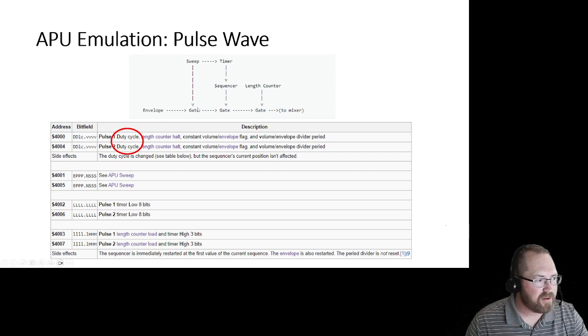The interesting bit in terms of how to implement this within the 2GS is the duty cycle parameter. The square wave channel has 4 different duty cycles at 1/8, 1/4, 1/2, and then a reversed 1/4 period, and it can be selected at any point which one to use. So we need to have multiple waveforms backing each pulse wave.